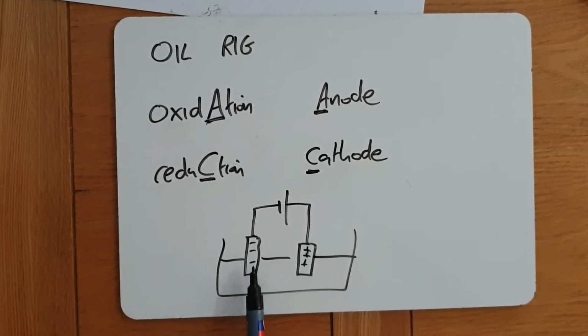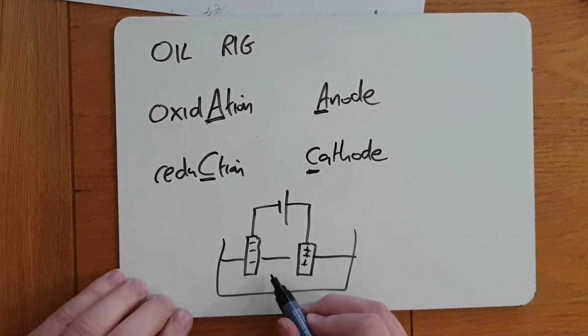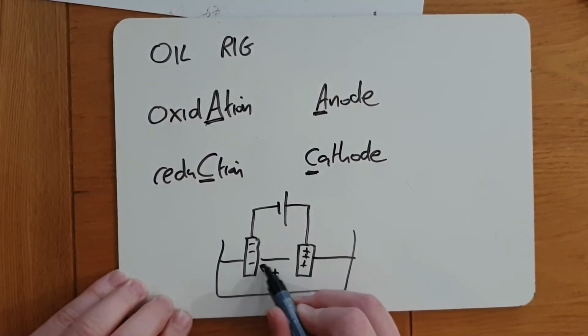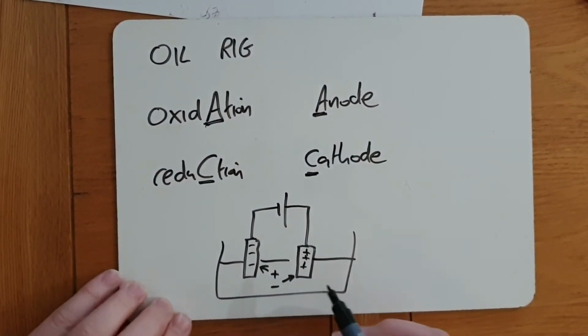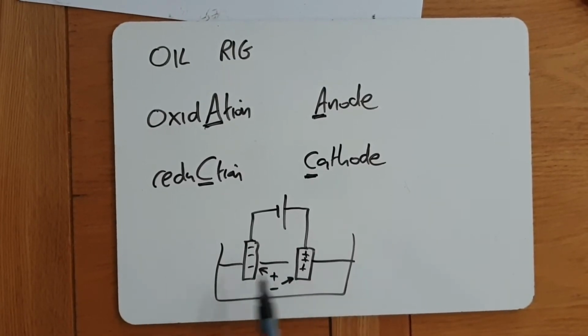So this electrode is negative, which means it's called the cathode. This electrode is positive, which means it's called the anode. And this positive ion is going to go that way, and the negative ion's going that way, because it's a DC supply, that stays the same.